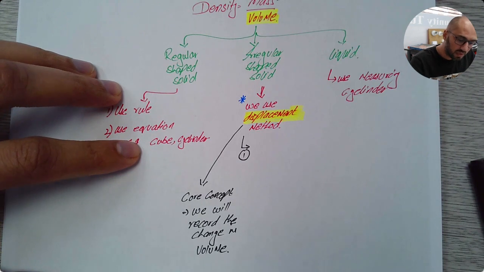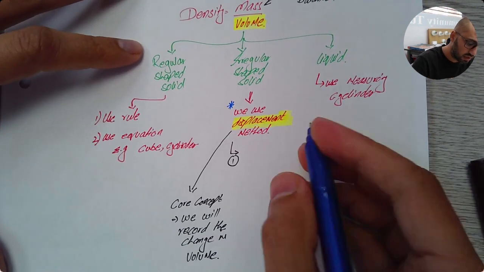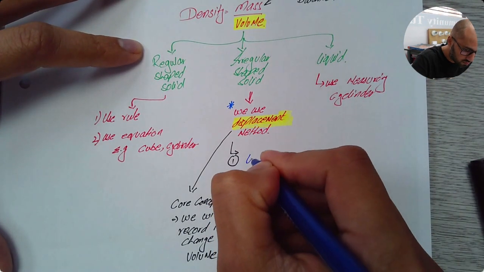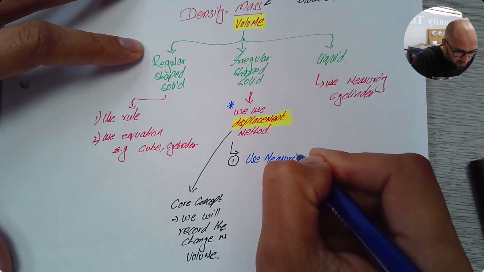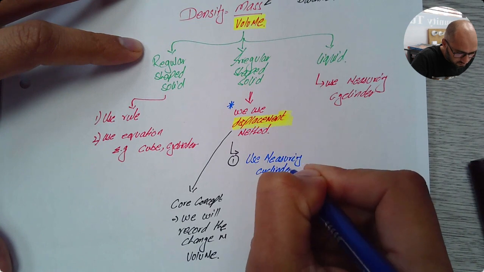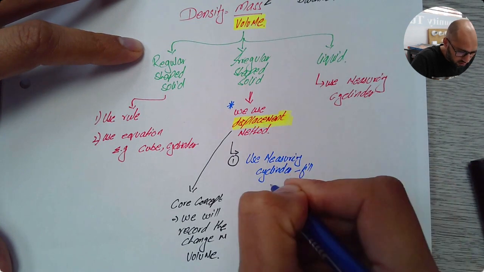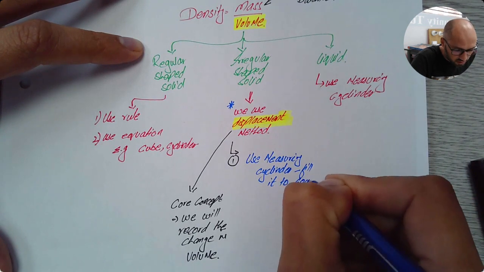Now to perform this method, you can use a container. You'll have to fill that container to a known volume. I can say there are two options here. You can use measuring cylinder. You'll say fill it to 50 or 60 centimeter cube mark.